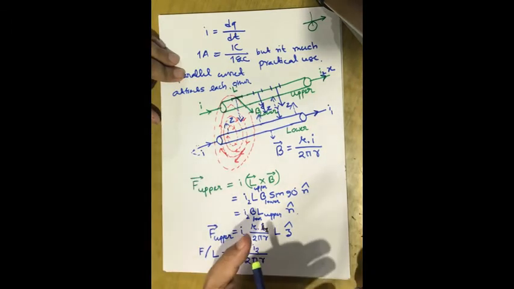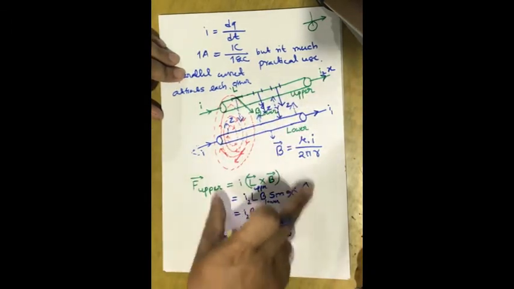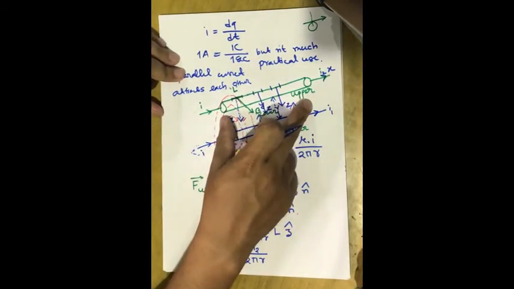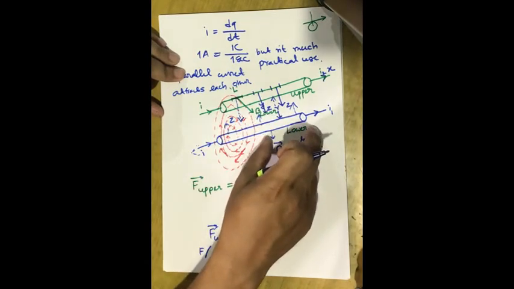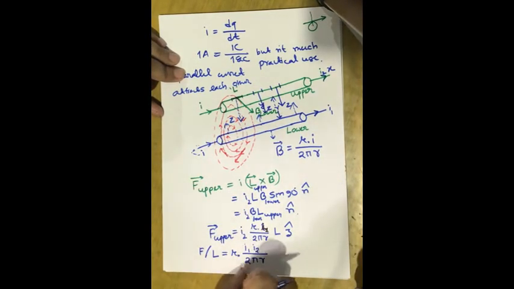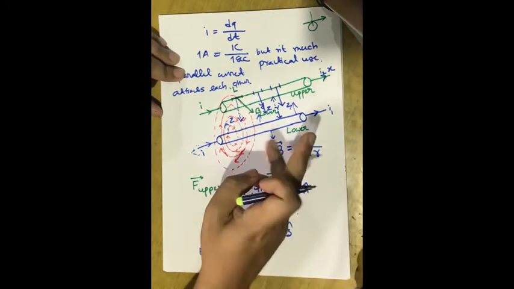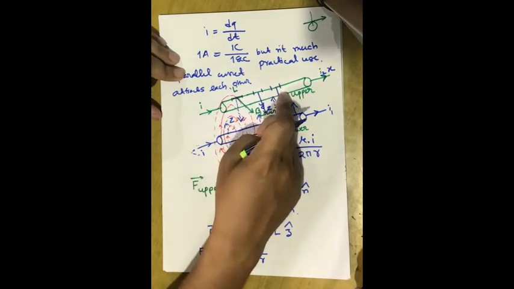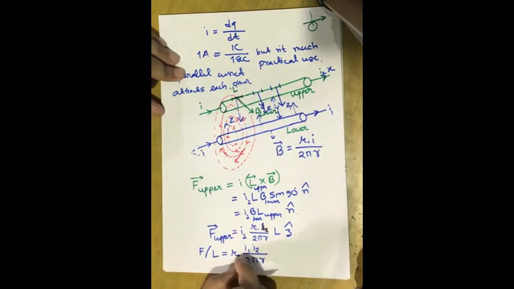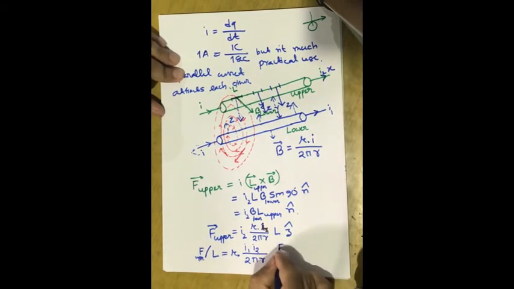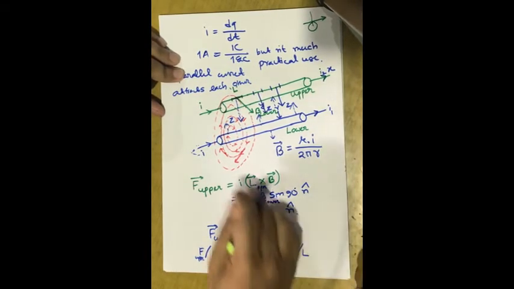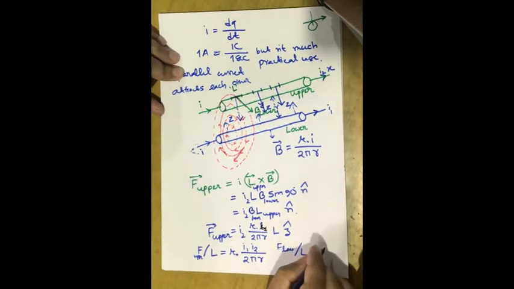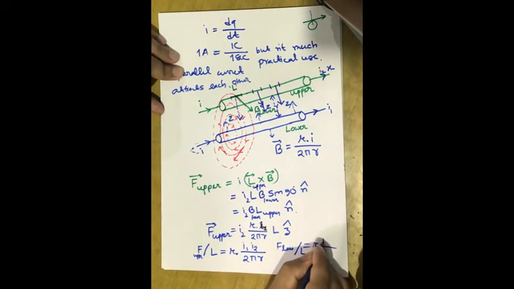So I hope it's clear. For this scenario, the upper wire will feel an attraction towards the lower wire, and the force per unit length of that attraction will be mu naught I1 I2 divided by twice pi R. Similarly, the lower wire also feels a similar force from the upper wire, and its value per unit length will also be mu naught I1 I2 divided by twice pi R, if L is the length of the wire.